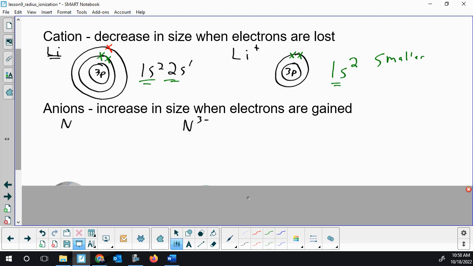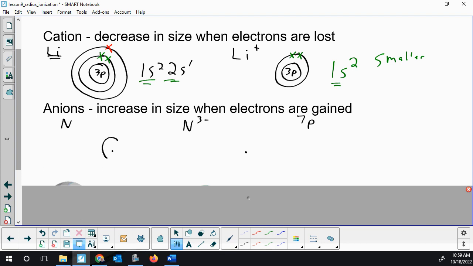So in period 2, I don't have a lot of room to write the nucleus. I'm going to leave out the charge, the proton count, and just put a dot to simplify my diagram a little bit. Okay? But both of these, what I'm leaving out is the fact it has 7 protons. Okay?